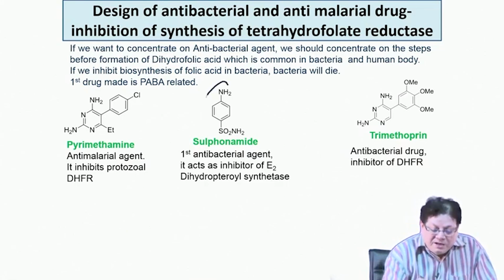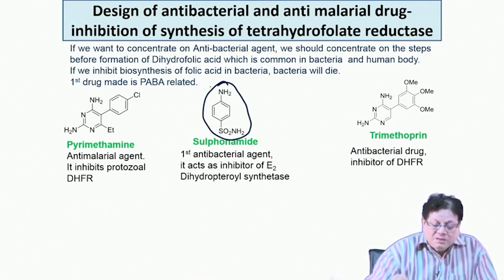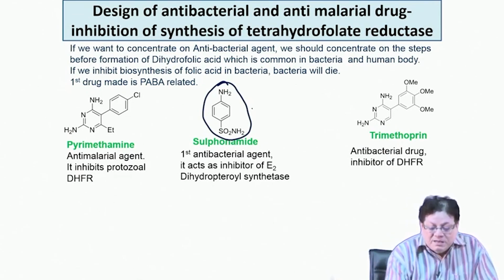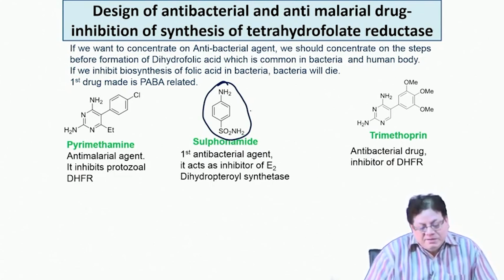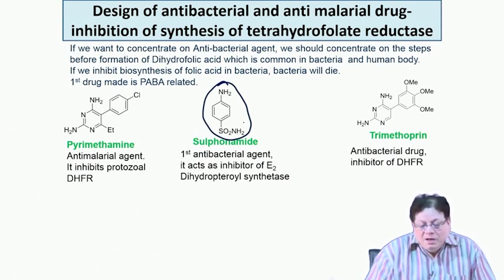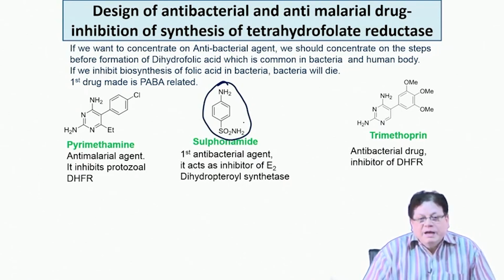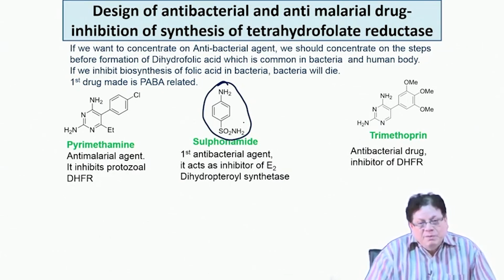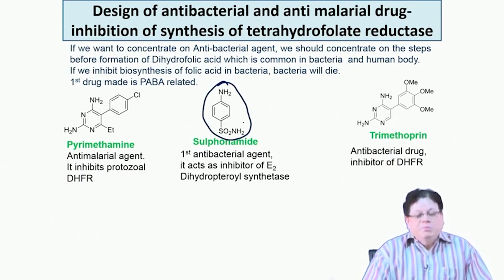Based on that, sulfonamides, that means para-aminobenzene sulfonamide, mimic the structure of para-aminobenzoic acid, and molecules which possess the para-aminobenzene sulfonamide moiety, or can be converted into it, can inhibit the enzyme which is responsible for incorporation of the para-aminobenzoic acid.